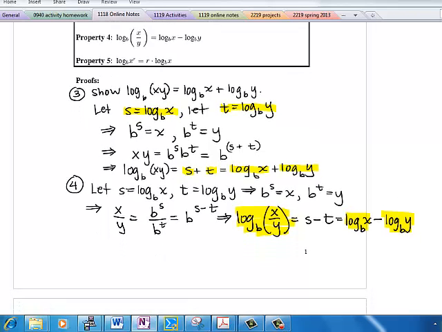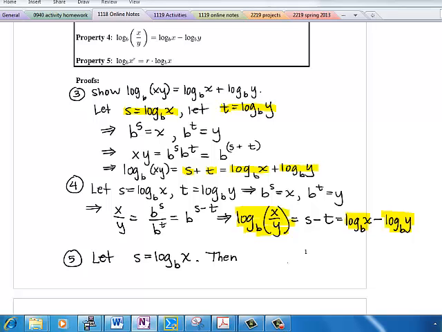Then property 5, let's go through the proof of that one. We're wanting just to know, if I have x raised to a power, what is the logarithm base b for that expression compared to the log base b of just the original x. So we'll say s again is log base b of x.